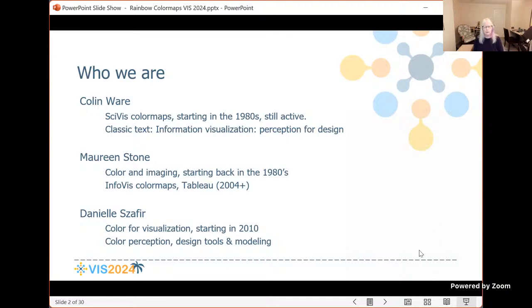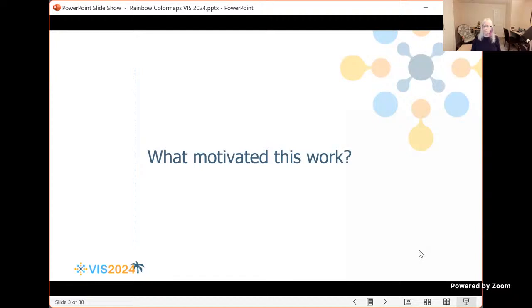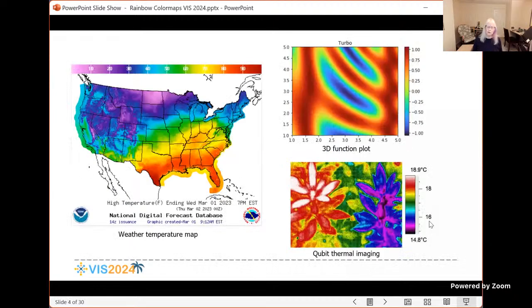So, what motivated this work? Well, Colin came to Danielle and me, and he said, for many, many years, maybe 20 years, maybe 25 years, we as a community have been complaining that the rainbow color map is bad visualization practice. And yet, practitioners continue to use it.